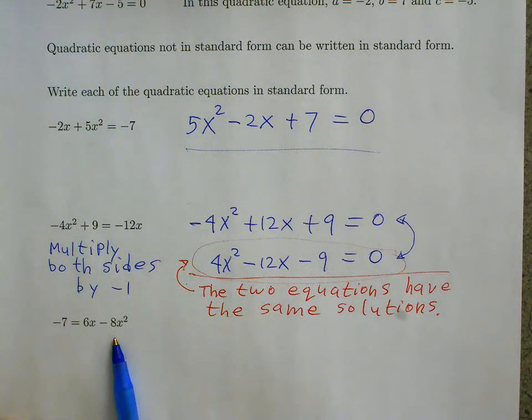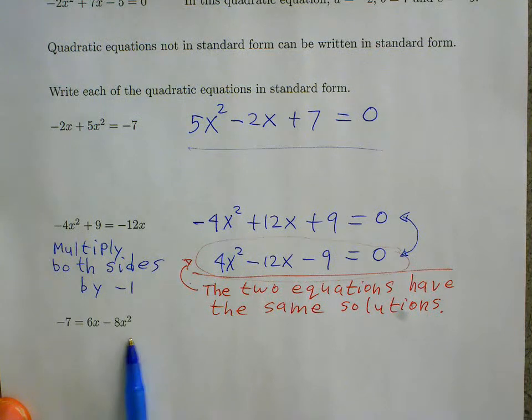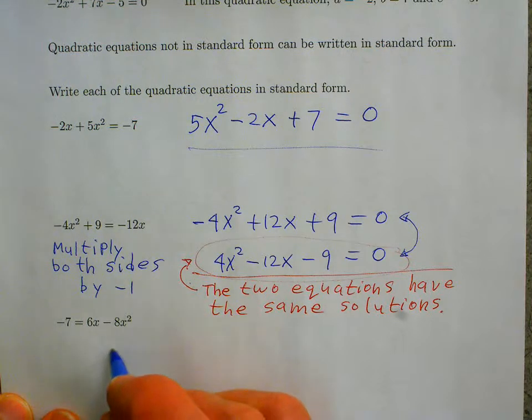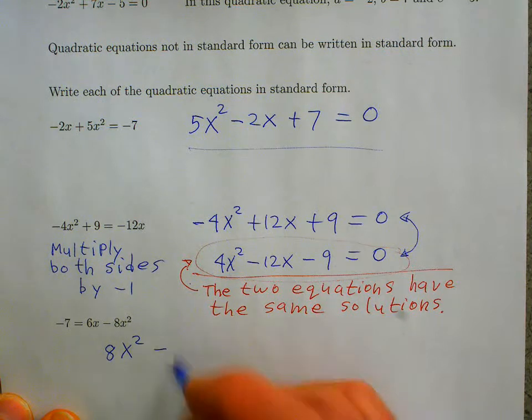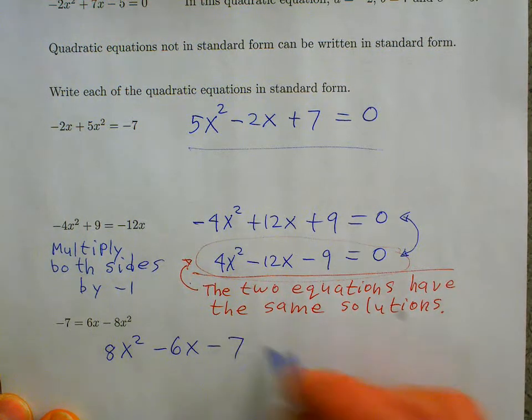Okay, to write this one in standard form, we can add 8x squared to both sides and subtract 6x from both sides. So we get 8x to the second minus 6x minus 7 equals 0.